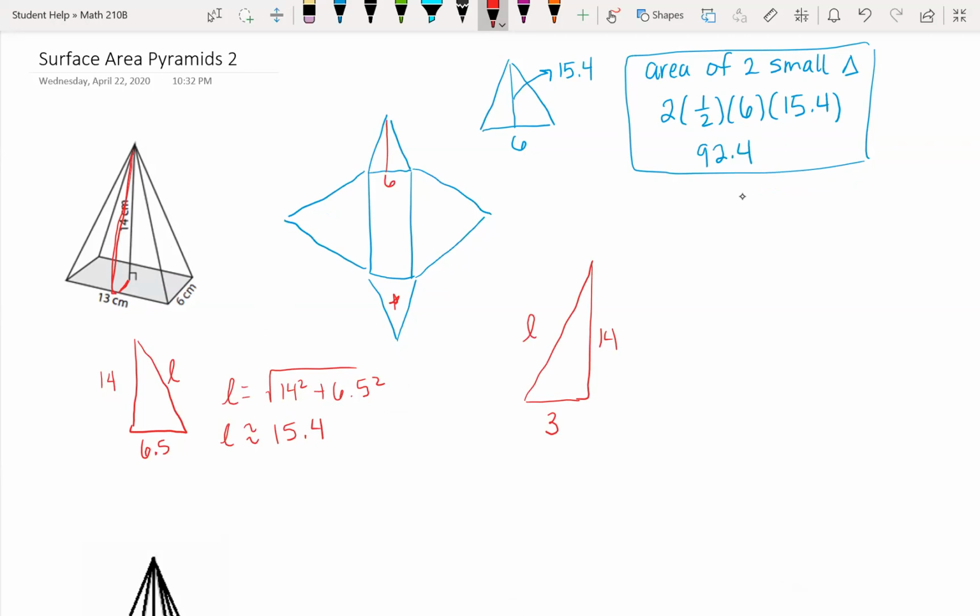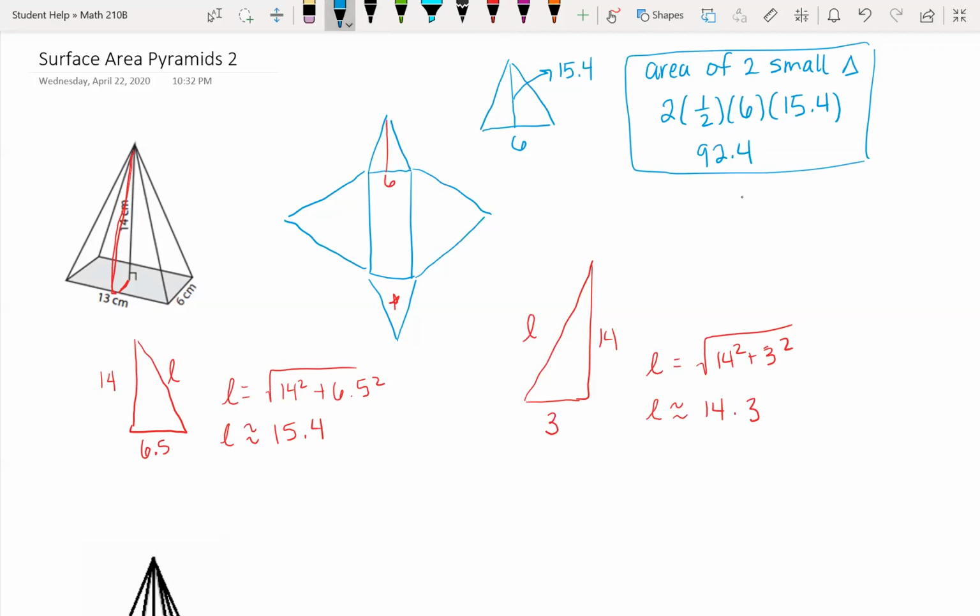So again, we can use the Pythagorean theorem, and we can say that that is going to be the square root of 14 squared plus 3 squared. So let's see, 14 squared plus 3 squared is about 14.3.